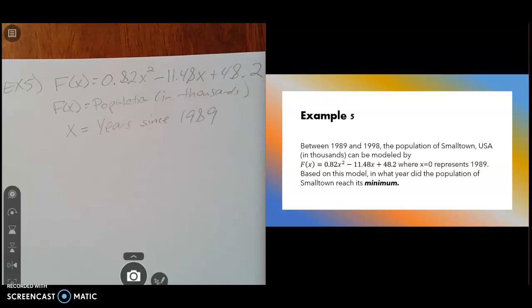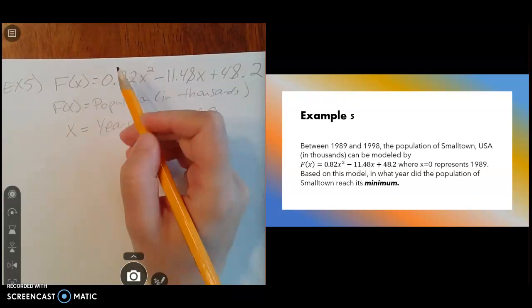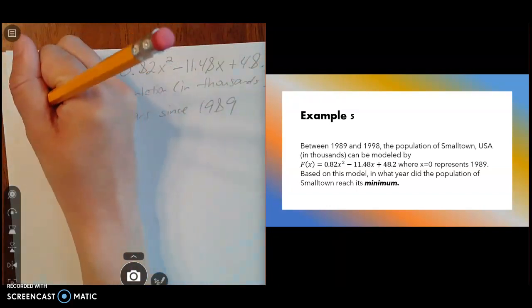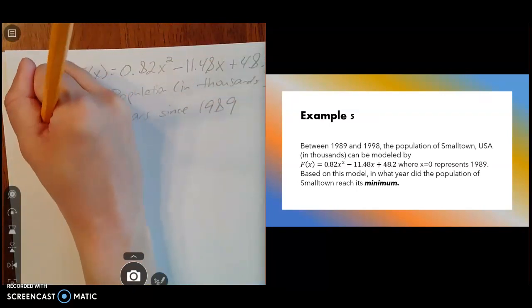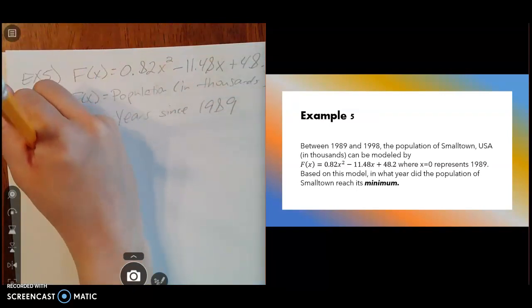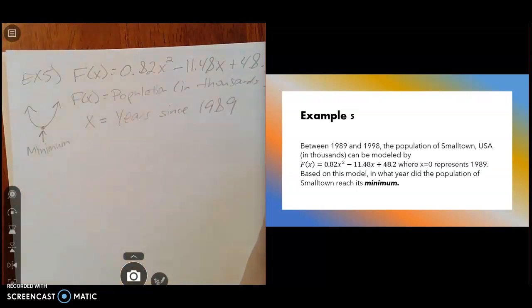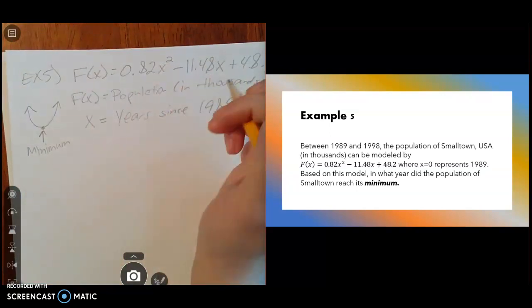Based on this model, in what year did the population of small town reach its minimum? You'll notice that we have a positive a value, so this is an upward shaped parabola. So the minimum happens at the vertex, the very bottom point. Okay, so yet again, we are looking at the vertex.